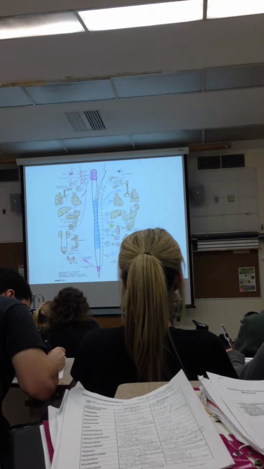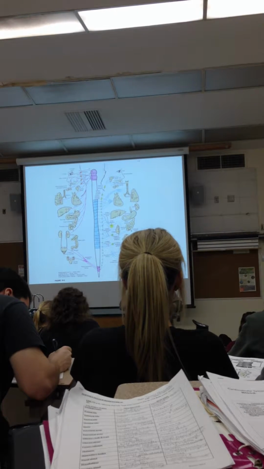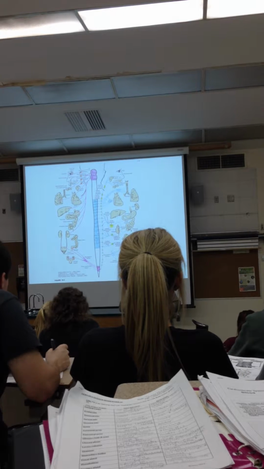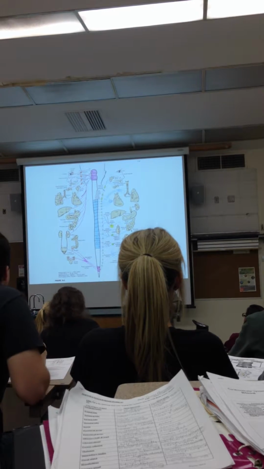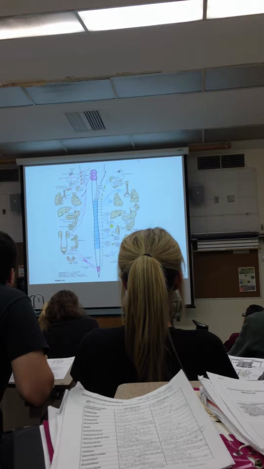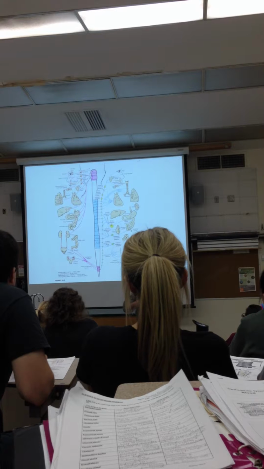And it starts giving branches off. The first three branches after you come through the diaphragm that come off the anterior surface are the celiac, the superior mesenteric, and the inferior mesenteric. At the base of those branches where they come out are those ganglions.